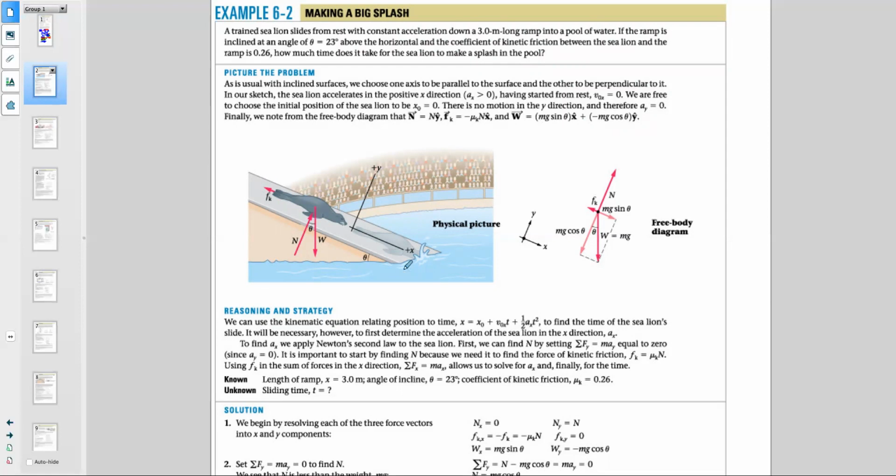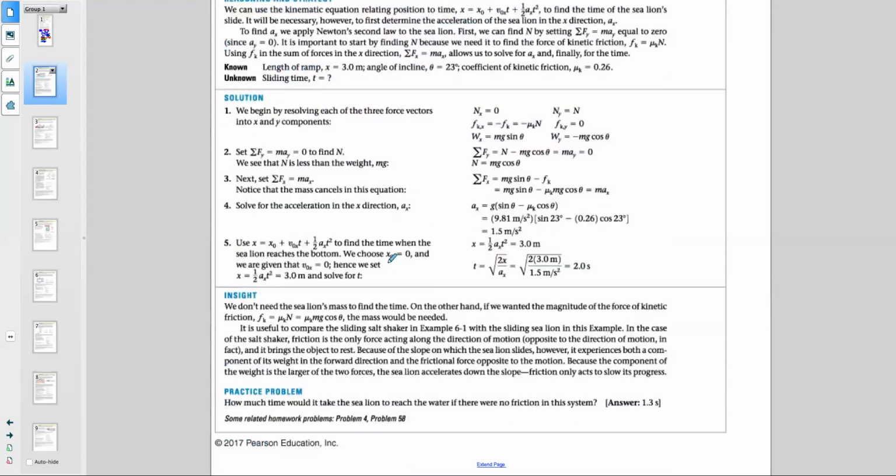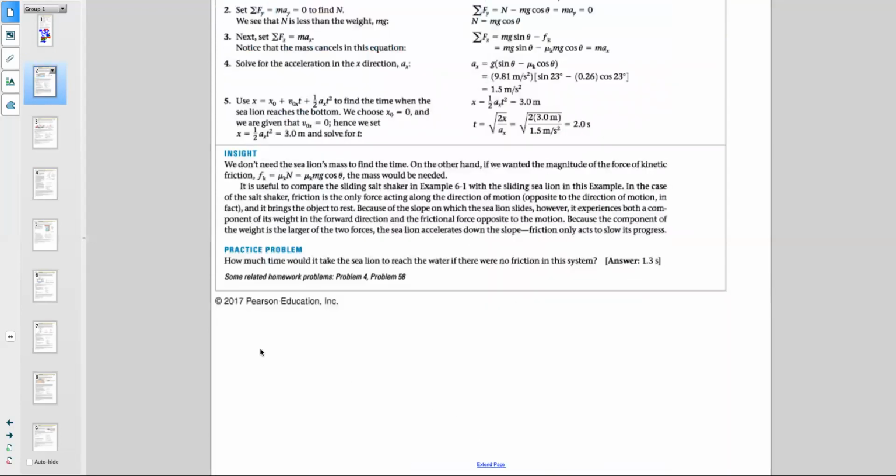If the ramp is inclined at an angle of 23 degrees above the horizontal, and the coefficient of kinetic friction between the sea lion and the ramp is 0.26. So mu_k is 0.26. Delta x on the ramp is 3 meters.